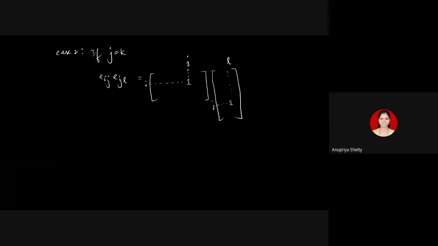Remember, here all the entries are zeros except this one, and that 1 is present in the ith row. As before, we'll consider any r not equal to i, where r is between 1 and m. This is m by p, m by n, this is n by p.